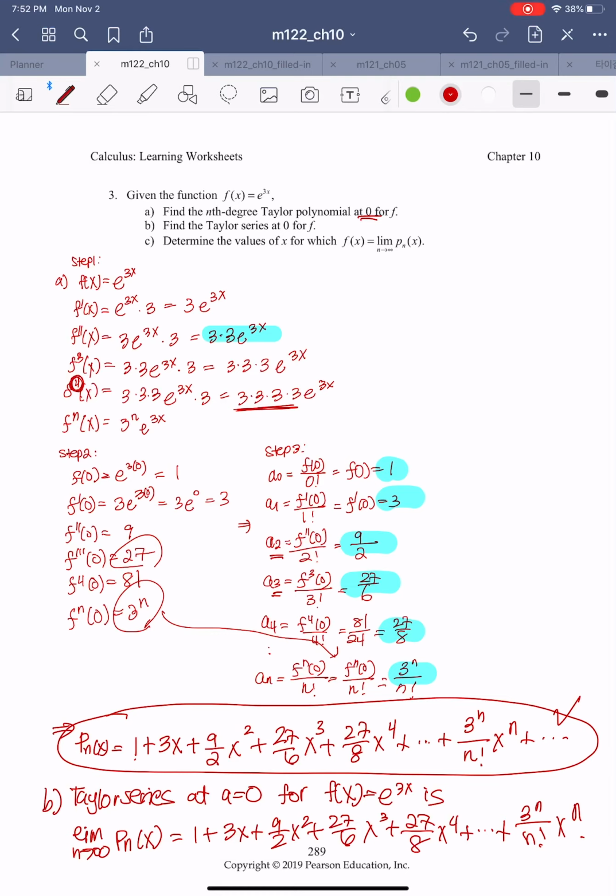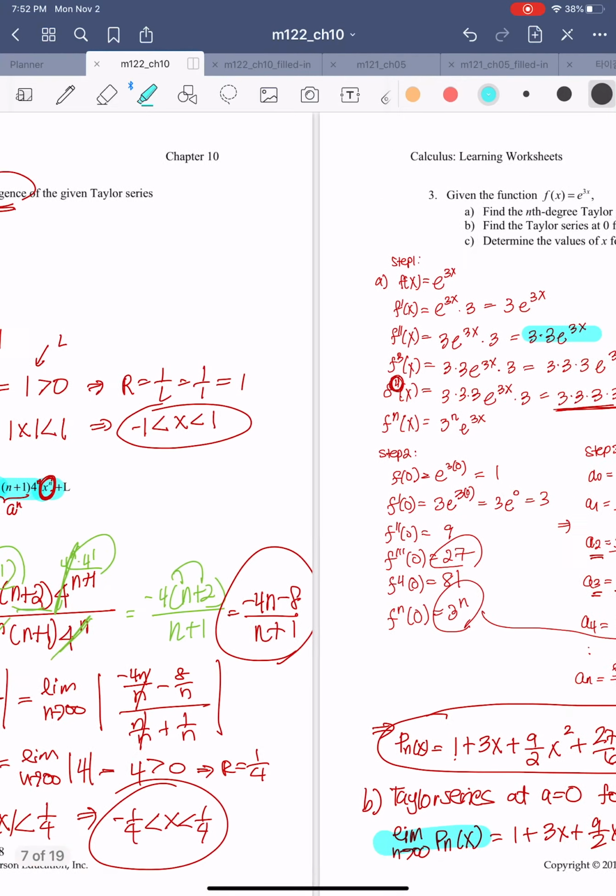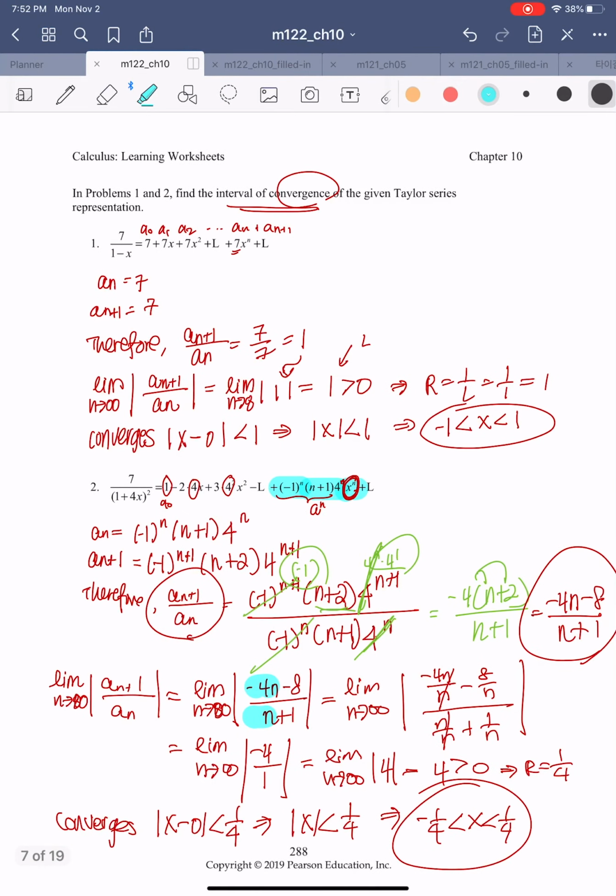Last one, determine the value of x for which, now we are going to actually take the limit from part B, and then see for which values the limit exists. So that's just what we did in parts 1 and 2. We find a sub n plus 1, and then take the ratio and see which values converge.